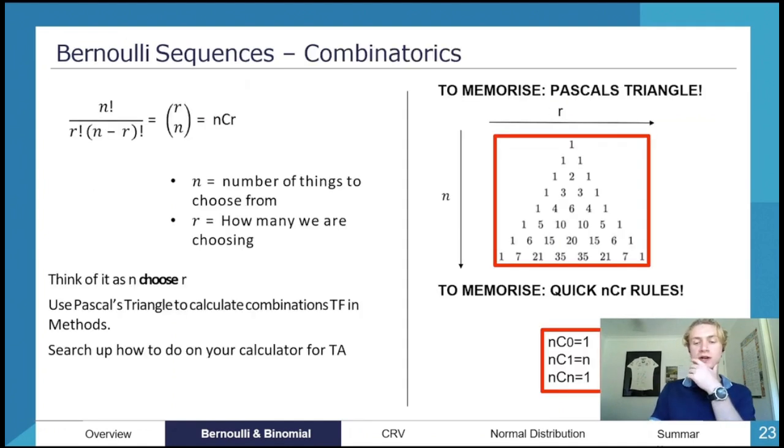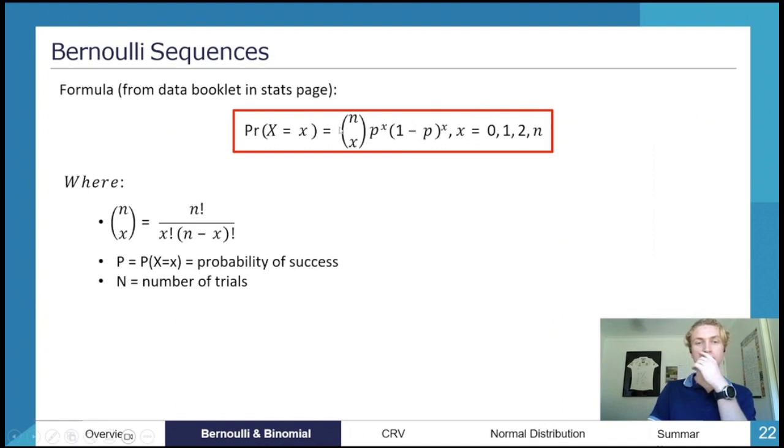And so what you're going to do is whenever you see a 6 here, you're going to sub in 6 for 6 trials. X would be 2. So we're finding the probability that X, which is the number of sixes, equals 2. So 2 success outcomes. We define success as getting a 6. Probability would be 1/6.